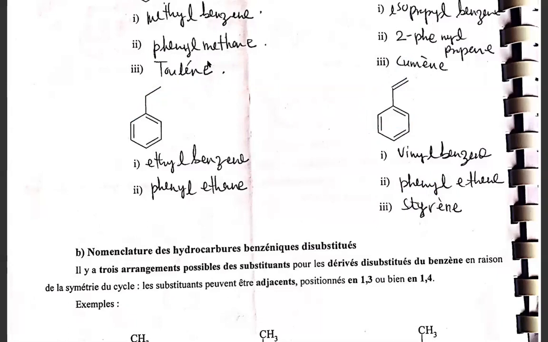Now, in our case here, we have vinyl, which can also be called ethenyl. I hope you guys remember this. Do you remember this? Ethenyl benzene. It can be called vinyl ou bien ethenyl benzene. Then the non-usual name is styrene.